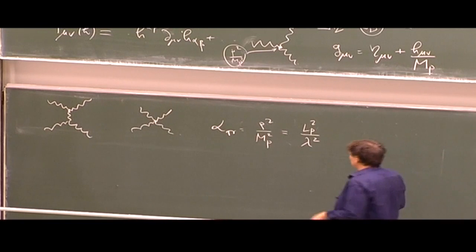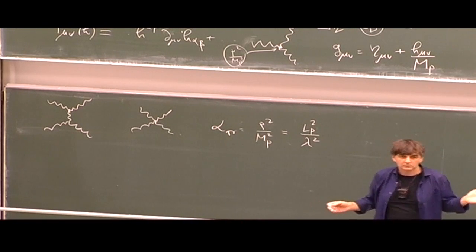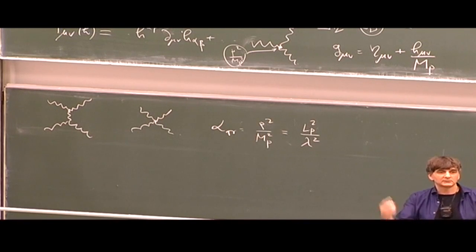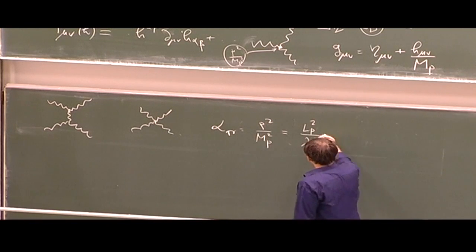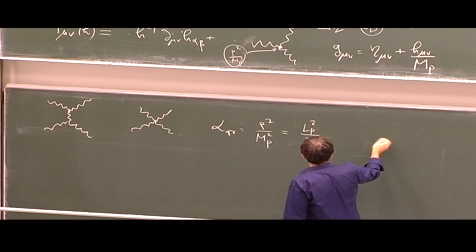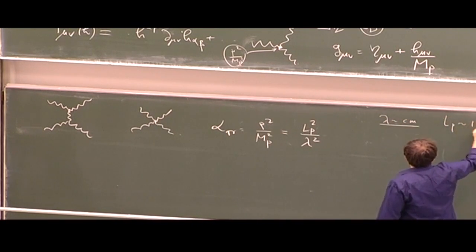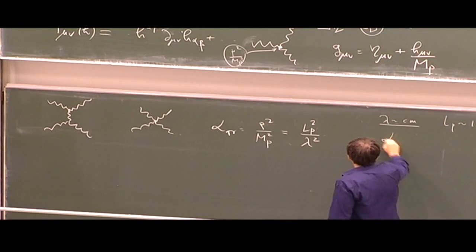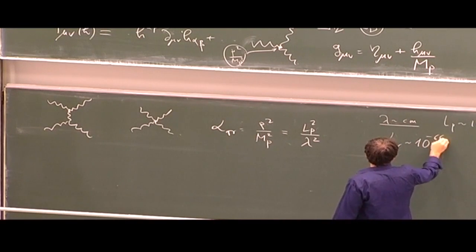If I take gravitons of 1 centimeter wavelength and ask what the typical strength of their interaction is, it would be enormously suppressed, because the Planck length is approximately 10 to the minus 33 centimeters. So for a centimeter wavelength, this would be something like 10 to the minus 66.